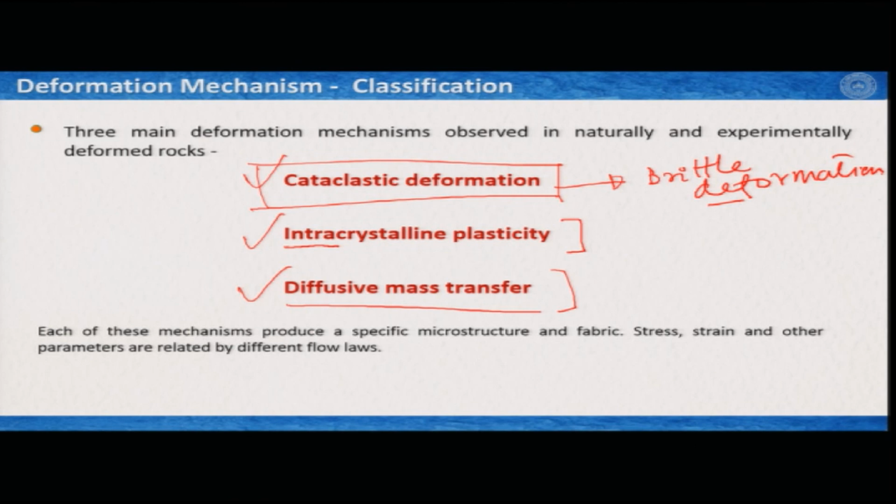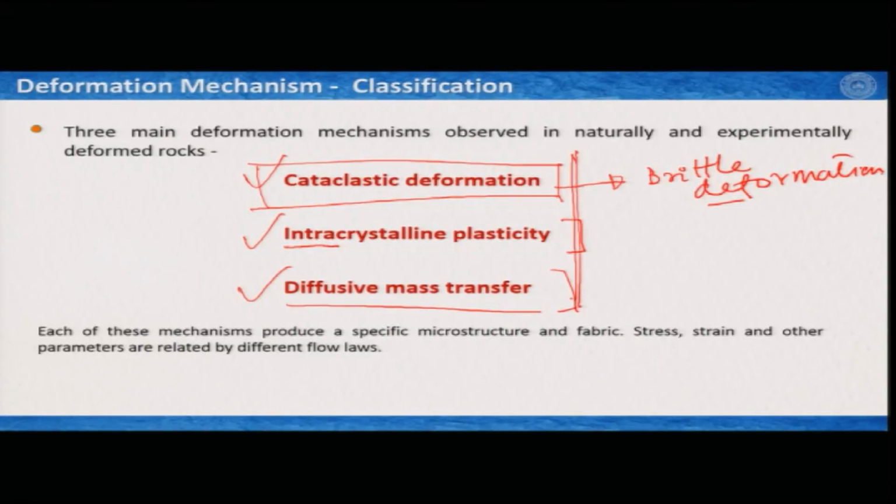So, they produce different types of fabrics, different types of appearance of the rock under thin sections and so on, and people study it not only under optical microscopes, but electron microscopes, particularly scanning and transmission electron microscopes, are nowadays very useful. In recent days there are other tools, and you can even check atomic scale processes using atom probe tomography.